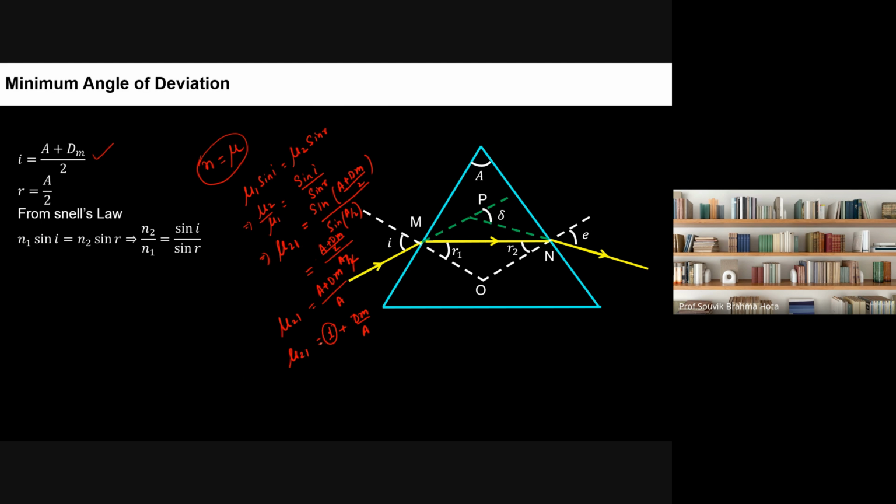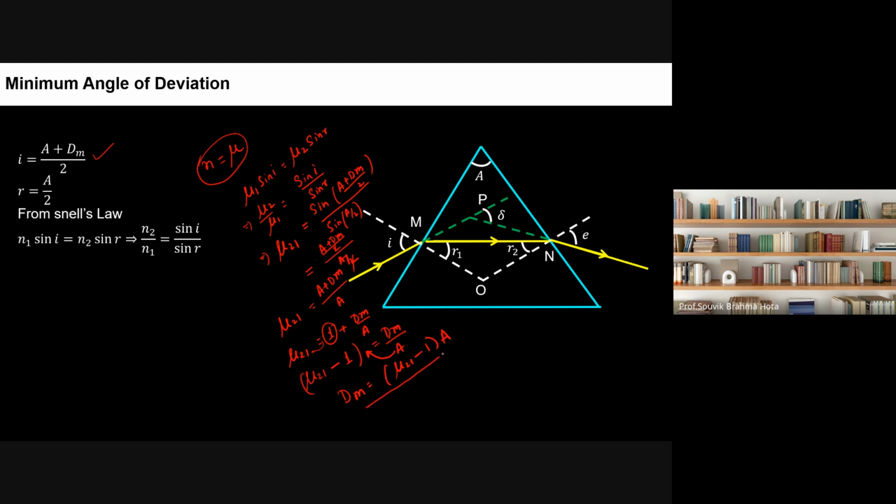First bring this to that side. So mu 2 to 1 minus 1 is equal to dm by A. Now multiply this A with this. So dm will be equal to (mu 2 to 1 minus 1) into A.